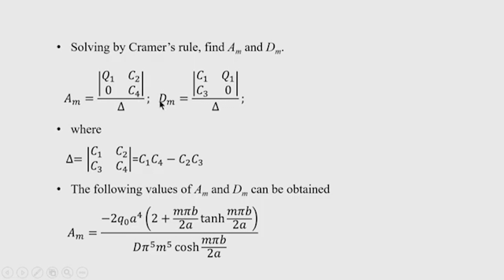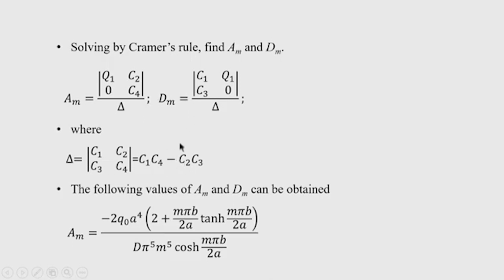Similarly, for the second variable, that is d m, we get this second column as the forcing term Q 1 and 0, and the first column with the coefficient associated with a m, C 1, and the second row coefficient associated with a m is C 3, and delta is the determinant that is formed by the coefficients, and it can be found out by expansion.